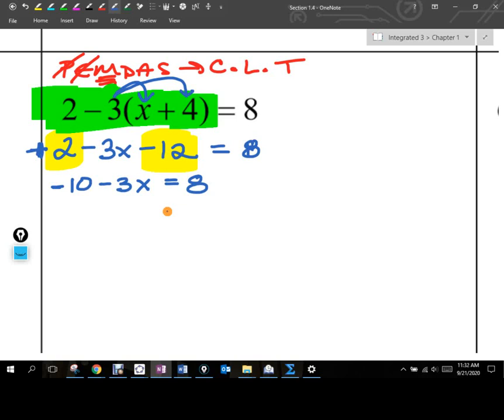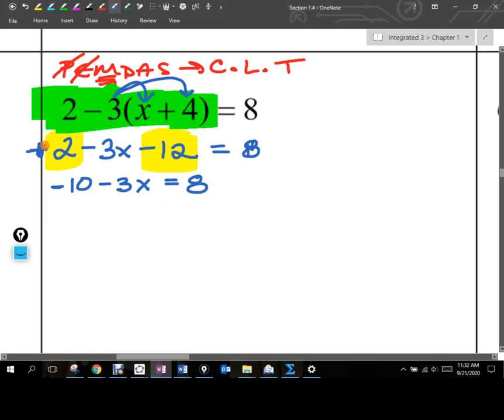All right, so in the next step, what do you want to do? I think that makes most sense. It's not the only thing you could do, but I think that makes most sense. So plus 10, so negative 3x equals 18.